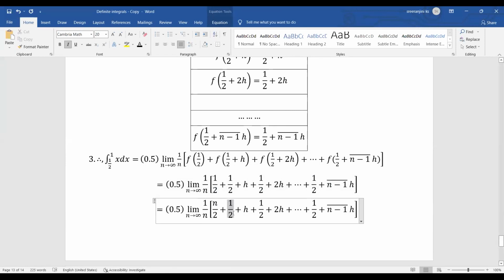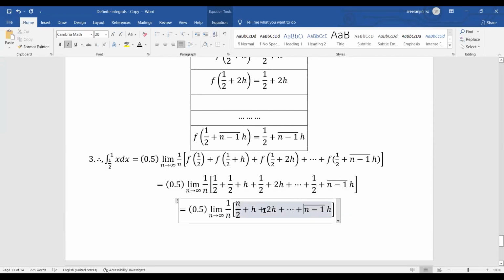Then what remains is h plus 2h plus 3h plus etc. plus n minus 1 h.